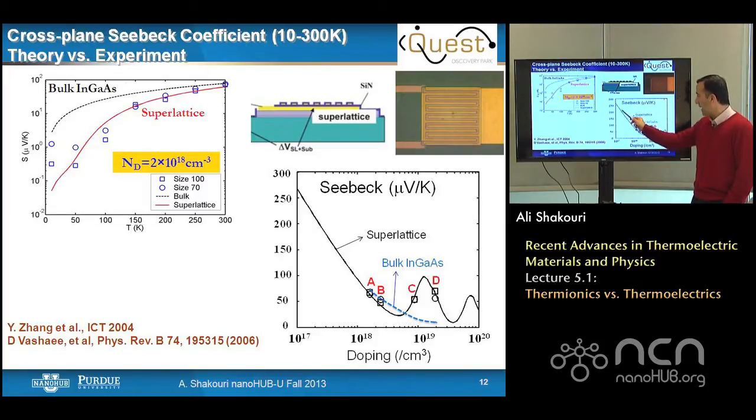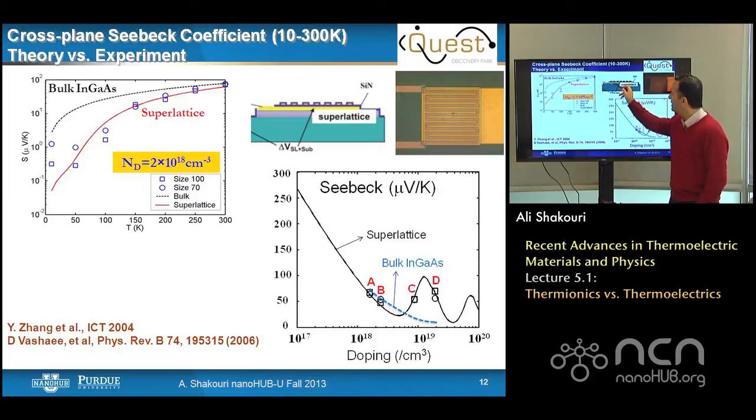For the case of the superlattice, it goes up and down because of the miniband formation, and our theory and experiment match quite well. So this is an indication that a transport theory based on modified Boltzmann not only can explain electron transport in superlattices, it can also explain cross-plane Seebeck.